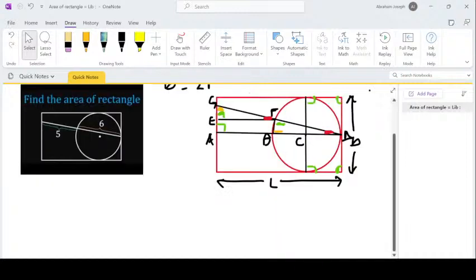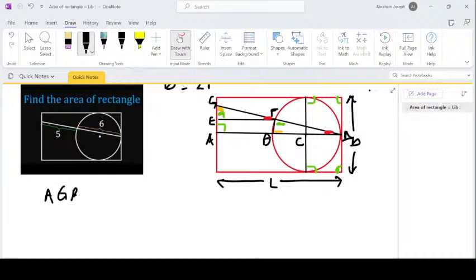With this we can make the inference that this triangle, let me start with the biggest right angle triangle, which is triangle AGD. The reason I'm choosing triangle AGD is because it has a side that has the length of the rectangle. It is similar to triangle EGF, which is another right angle triangle, which is again similar to triangle BFD.